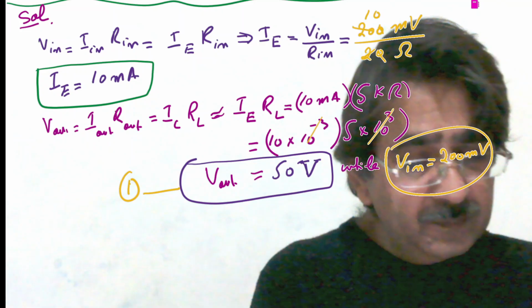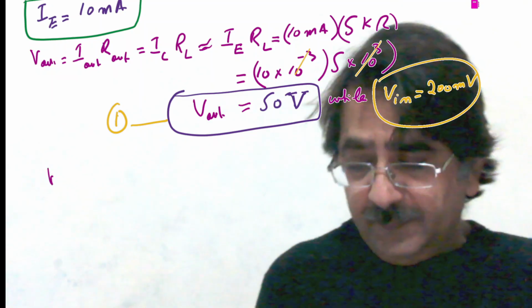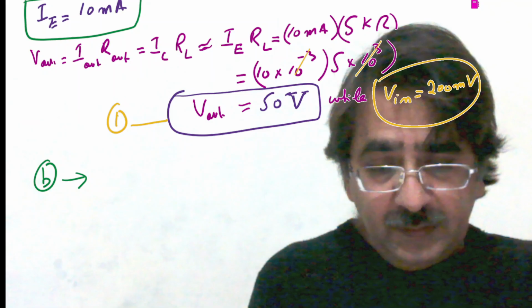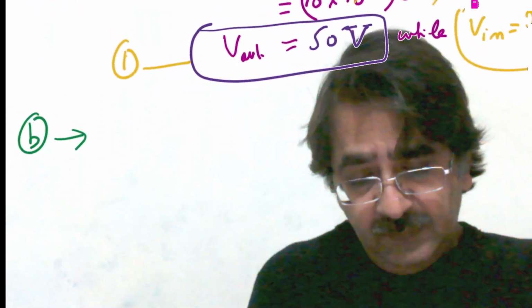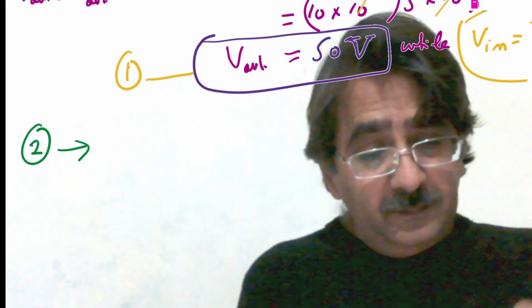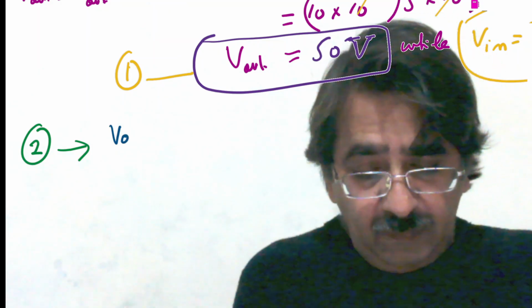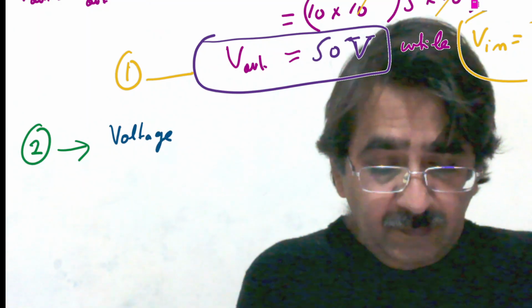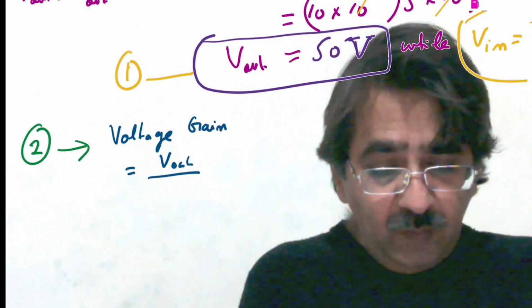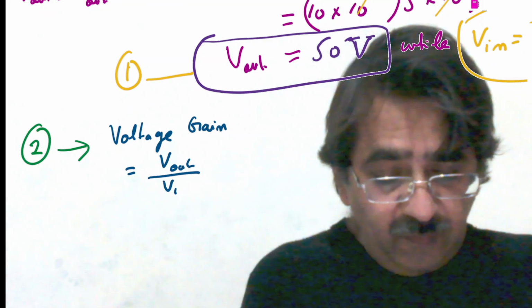That is given in the question. The second part, or B part, is the voltage gain, which is V out over V in.